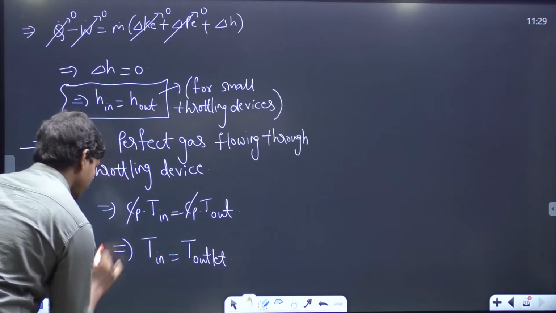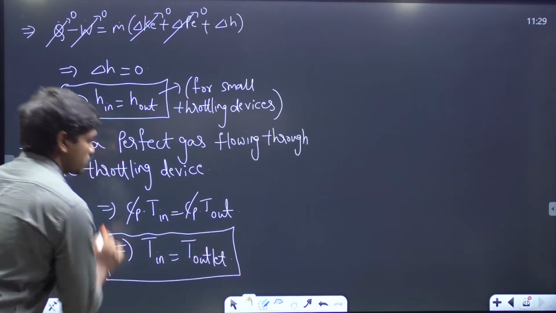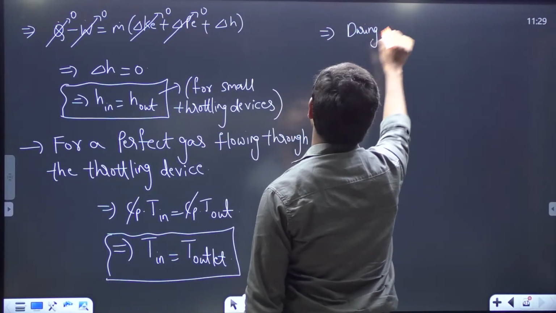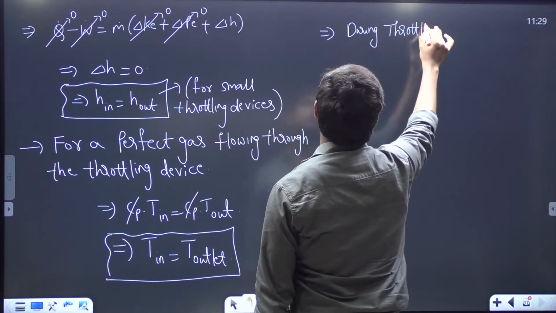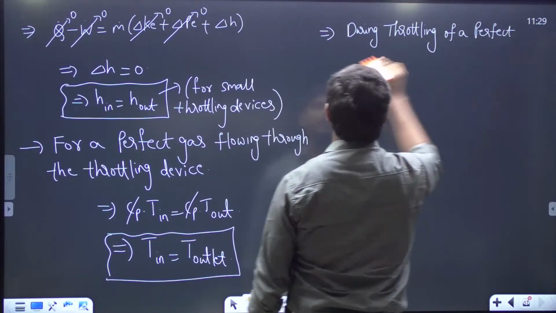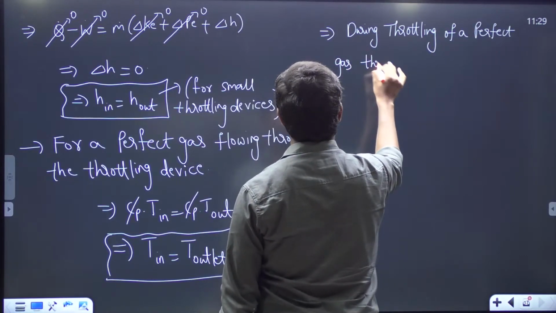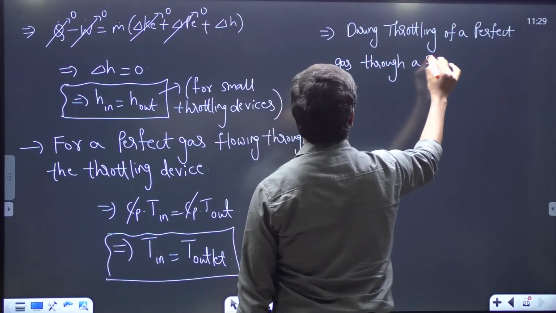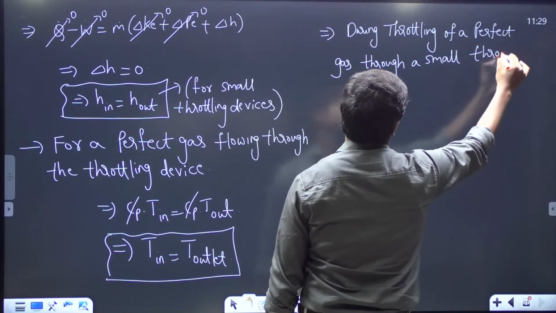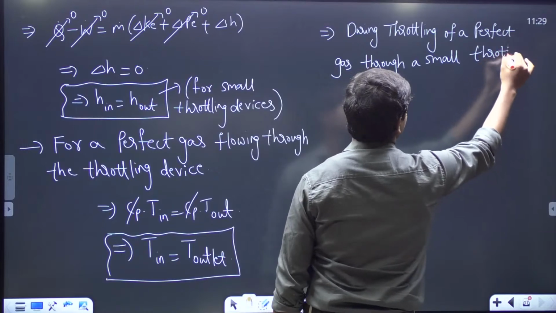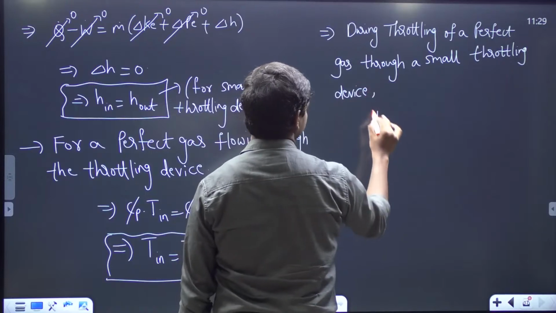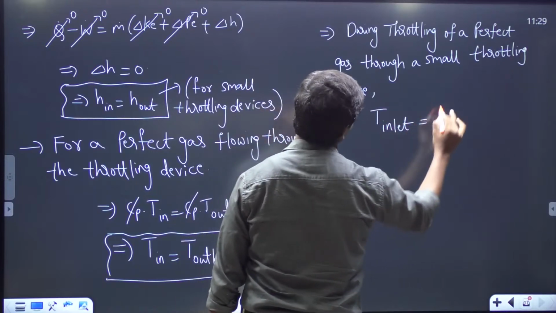Means during throttling of a perfect gas through a small throttling device, T at inlet is equal to T at outlet.